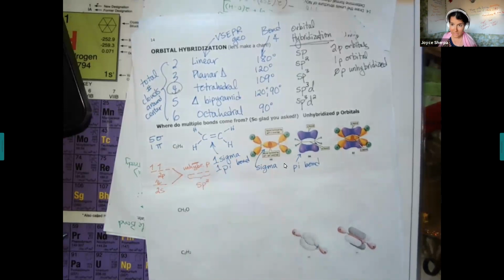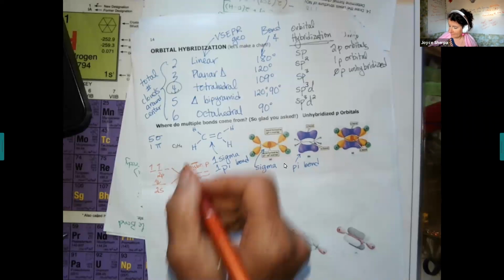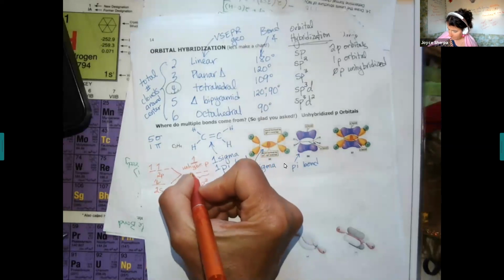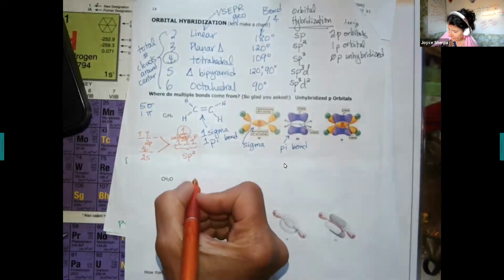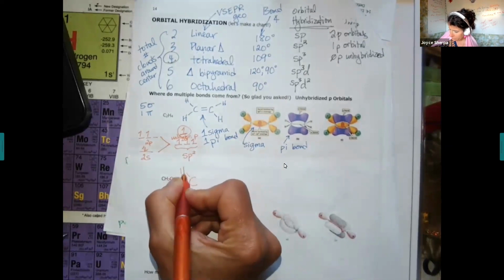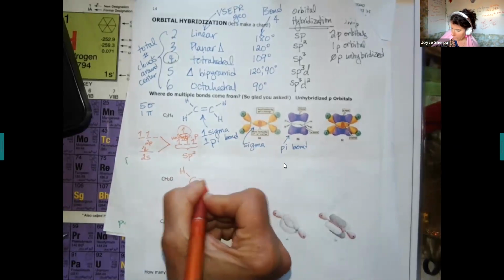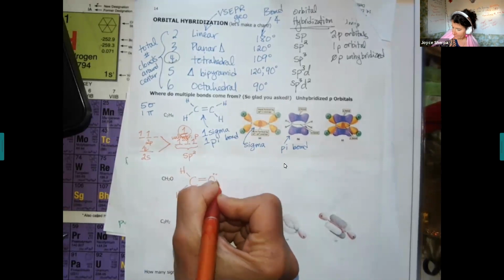So you still have 1 p orbital up there. That p orbital is one of the double bonds. It's the same idea here in CH2. The only way it works out is you have to put a double bond.